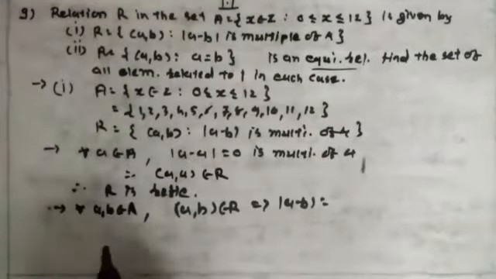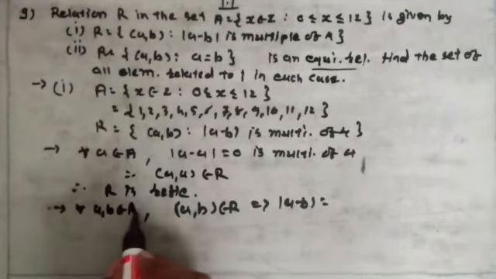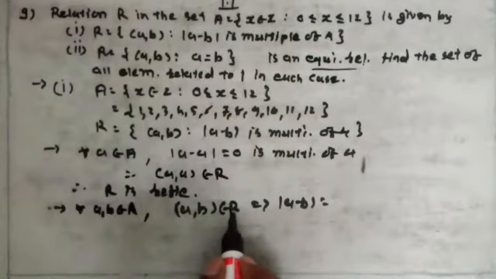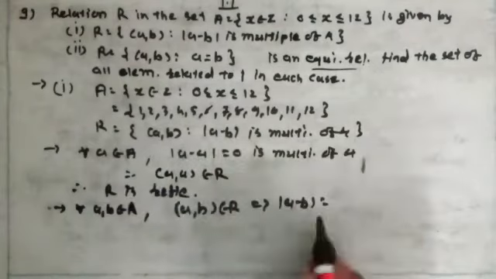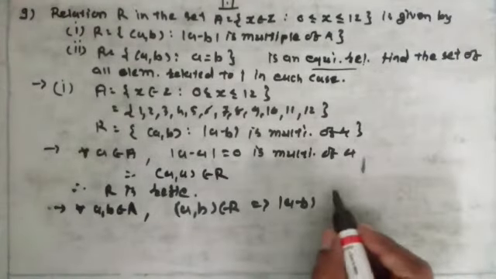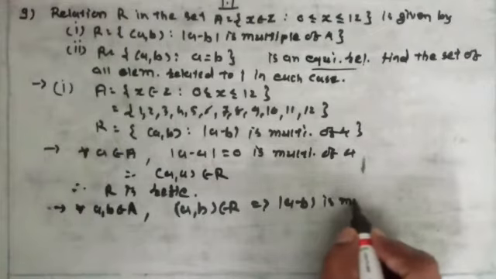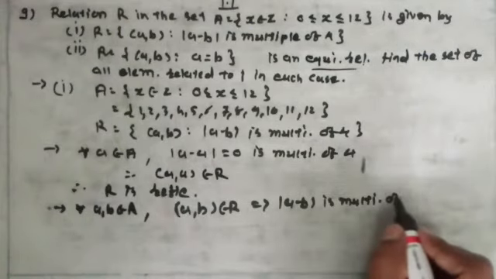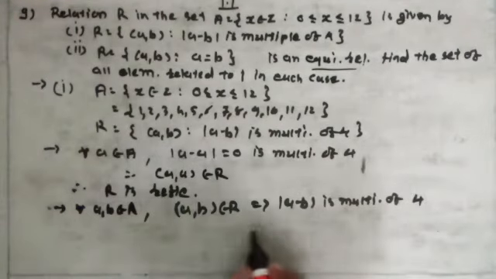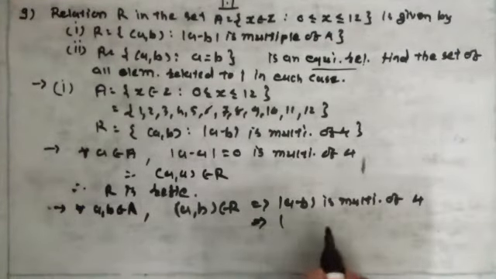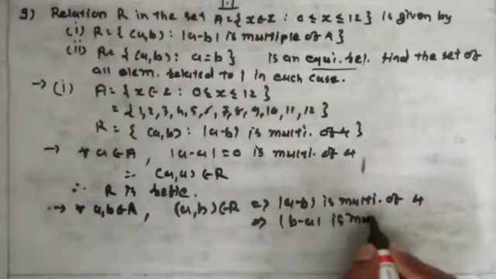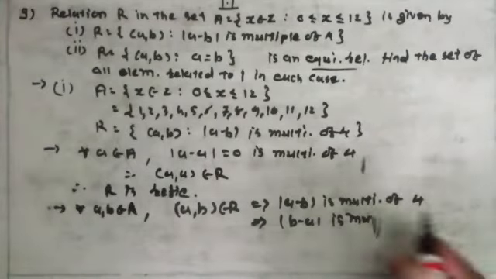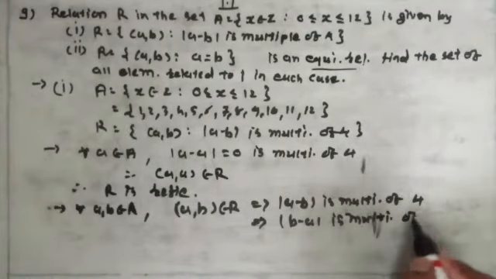Similarly, now for symmetric, take a, b belongs to A and (a, b) belongs to R. This implies |a − b| is a multiple of 4. Interchanging a and b, b − a is a multiple of 4.